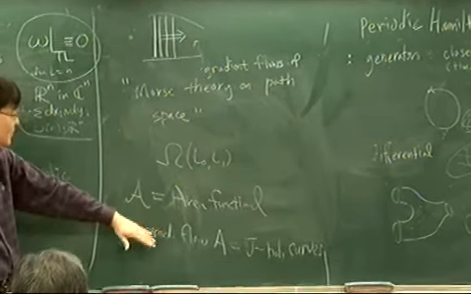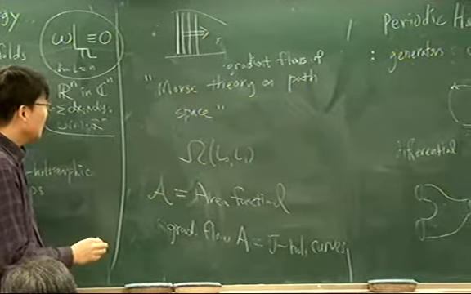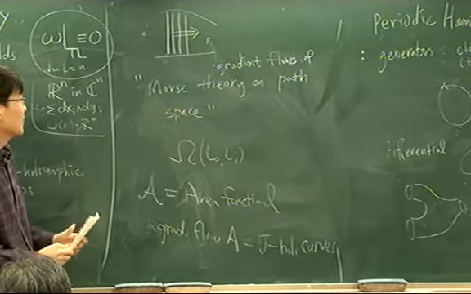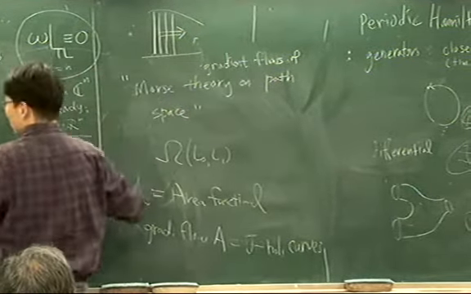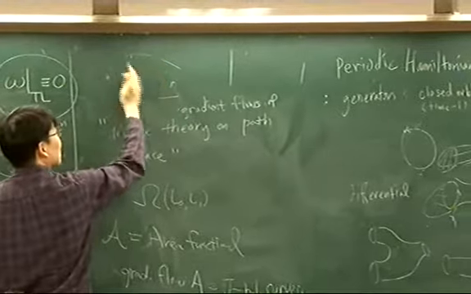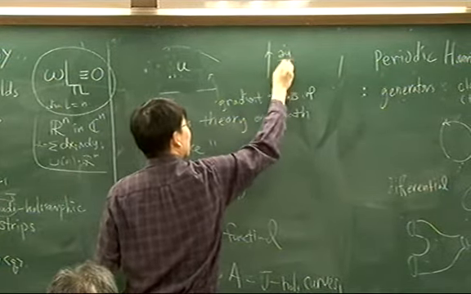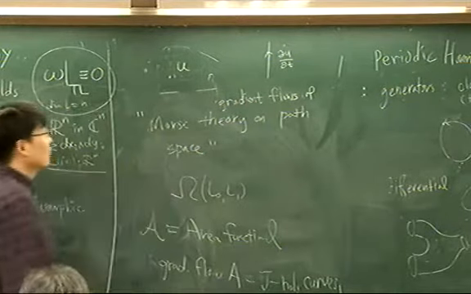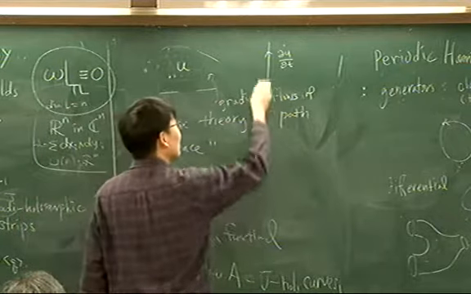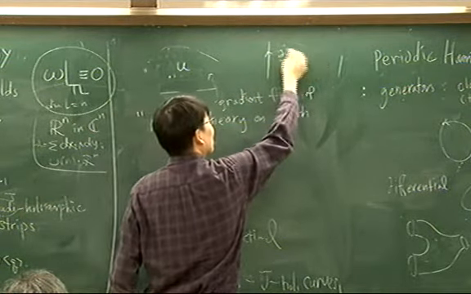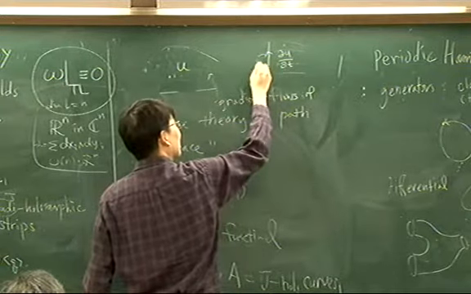I mean, one can do it in a precise way, but intuitively, what you can think of is, suppose this map is u. Then this direction is ∂u/∂t, and if you apply the complex structure, you get some direction like this.